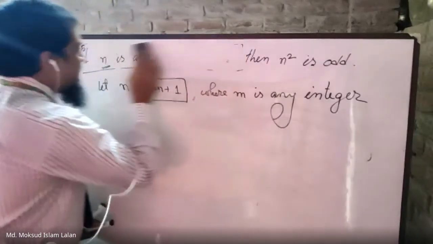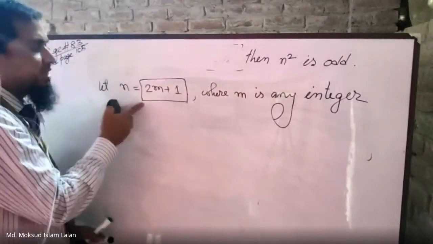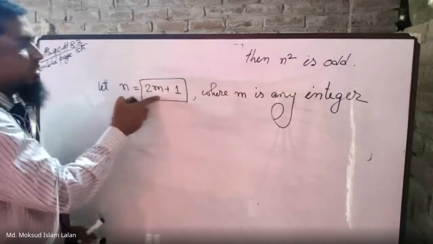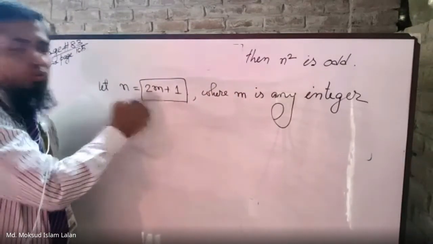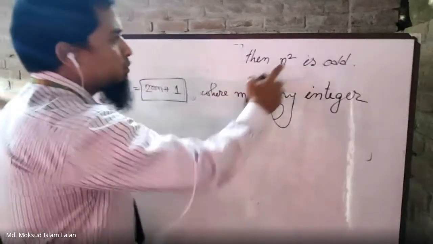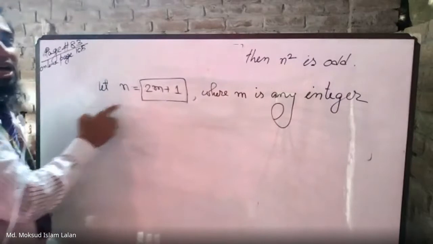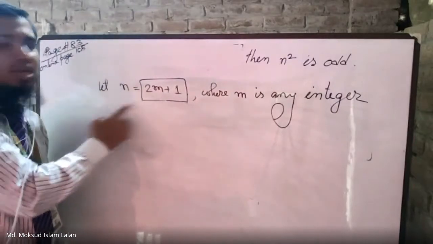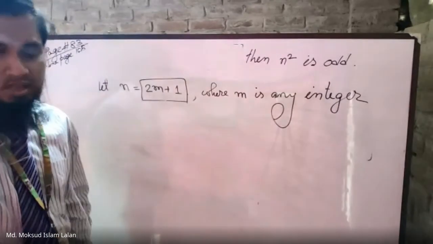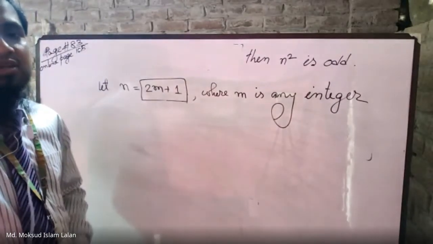Yes, sir. So we can eliminate this line because we have already expressed it by this term. Now n square: you have to multiply both sides like this, you have to square on both sides, right, dear student?